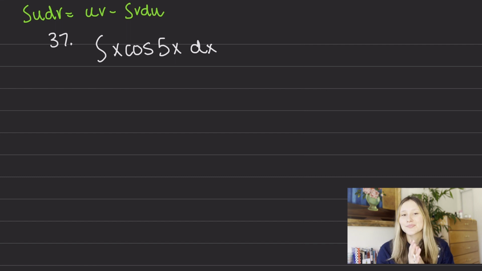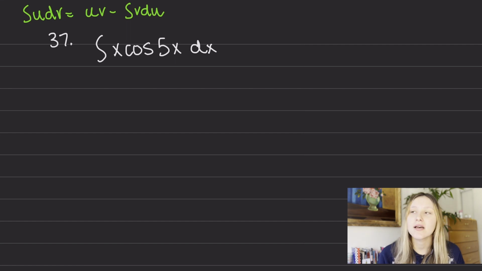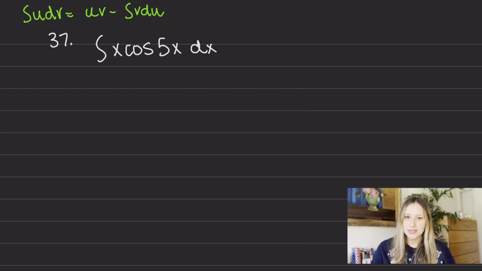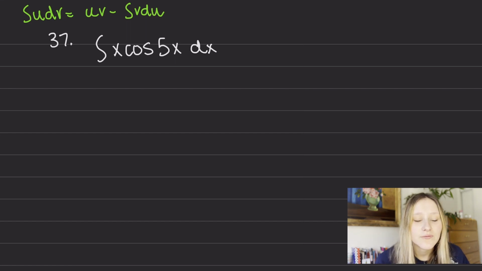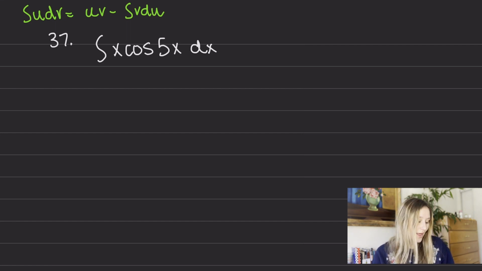Okay. Now, I wrote this down, this green little formula down earlier because I wanted to remind myself that integration by parts is a thing. And I think that this is first taught in calculus 2. However, right now we're going to go over it and we're going to do at least a couple problems.